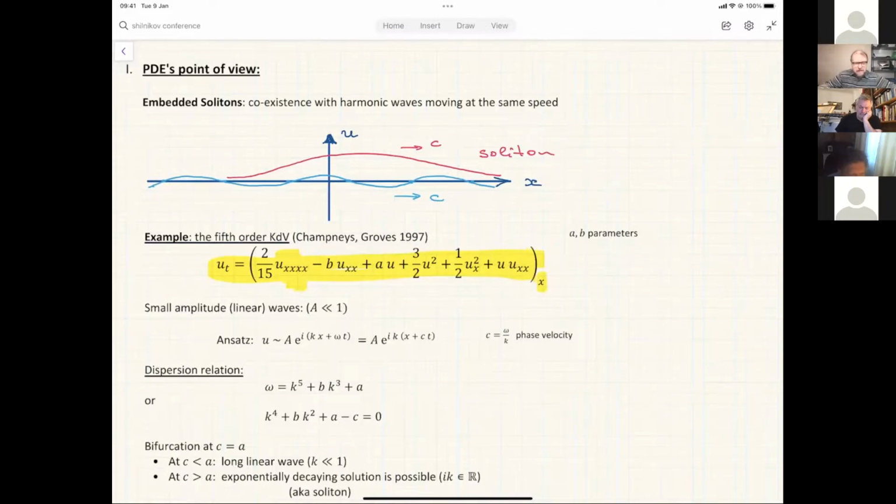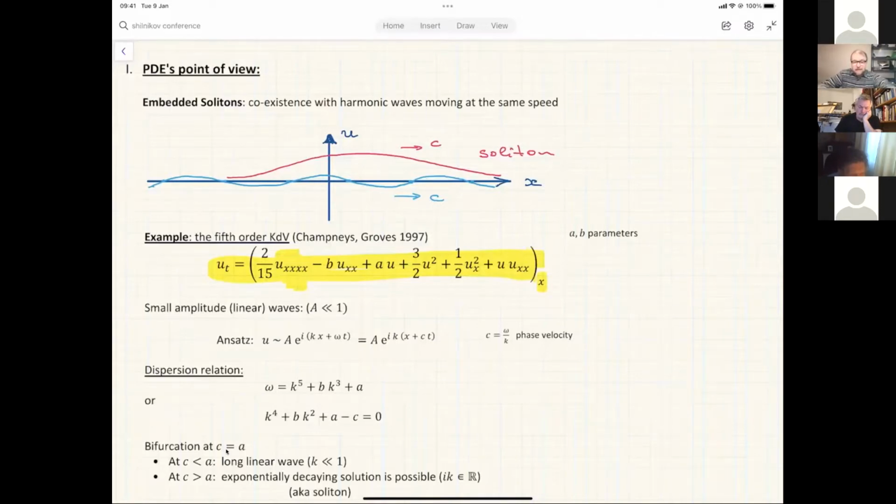And on the other side, when c is larger than a, the solutions become unstable, so they grow or decay exponentially. And that opens a possibility for the existence of a soliton solution if the branch which decays on the left coincides with a branch which decays on the right.